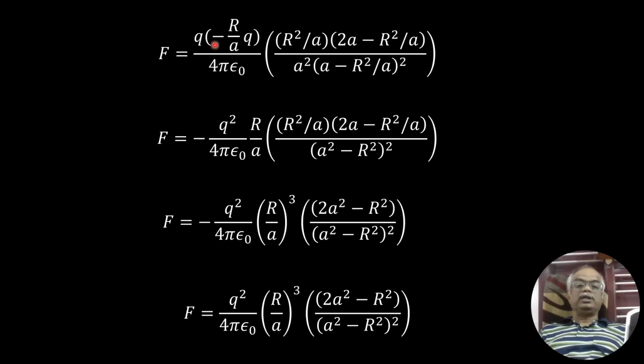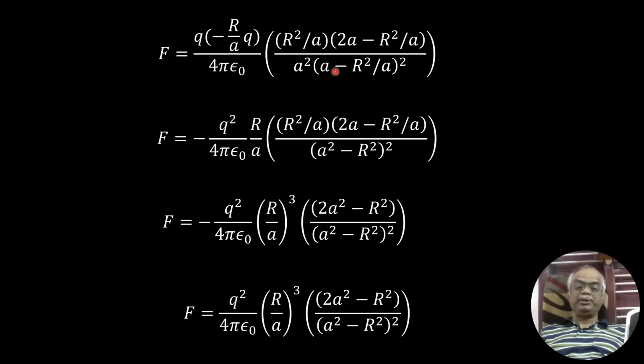Now we got this expression. Here you can notice that there is one q and another q. So you can multiply, you will get q squared, and I am taking the negative sign as common. This I am writing as r over a. Then in the denominator you bring a squared inside the bracket.